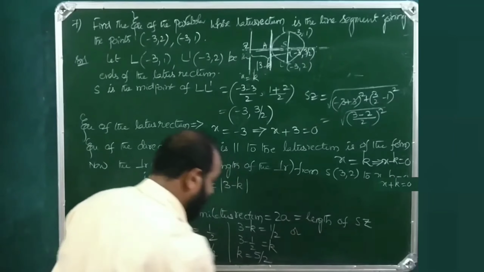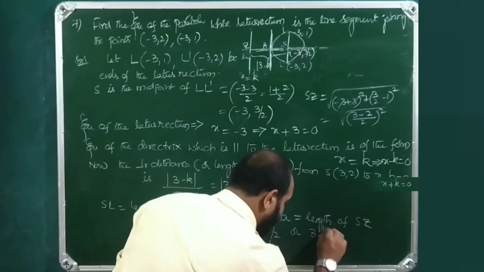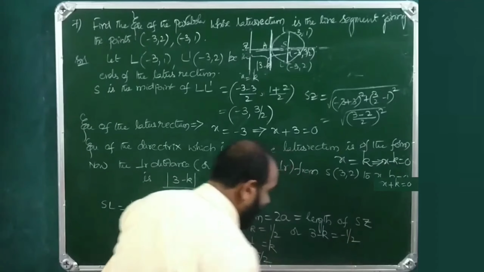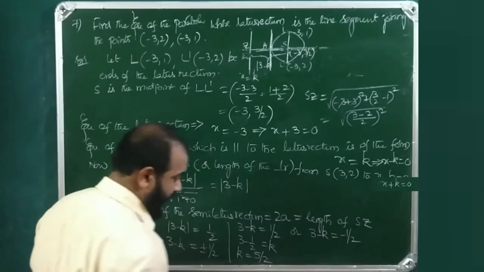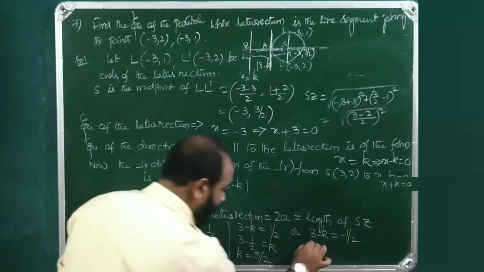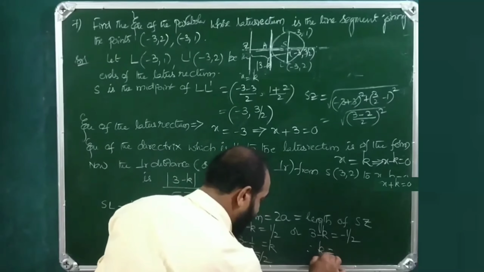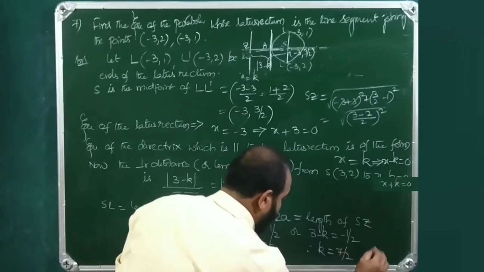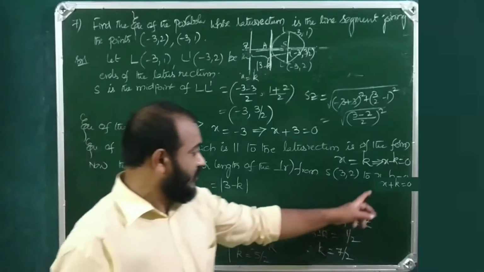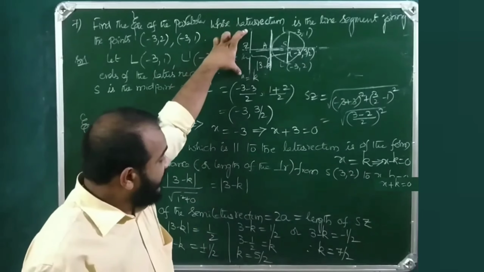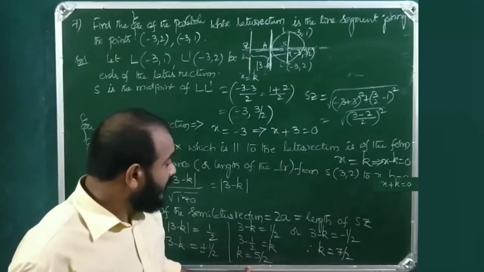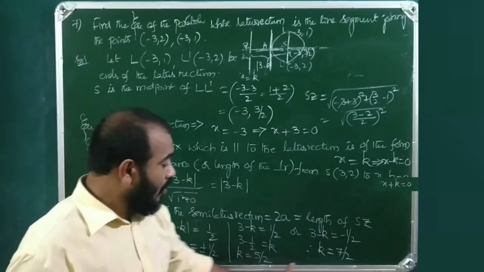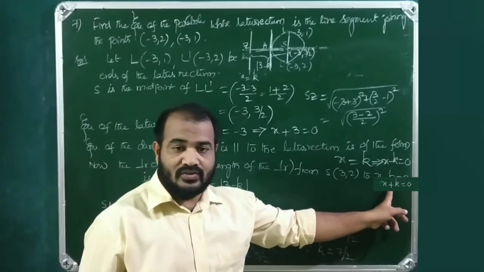Or 3 minus k equals minus half, so 3 plus half equals k, therefore k equals 7 by 2. Therefore the equation of the directrix is x minus 5 by 2 equals 0 or x minus 7 by 2 equals 0.